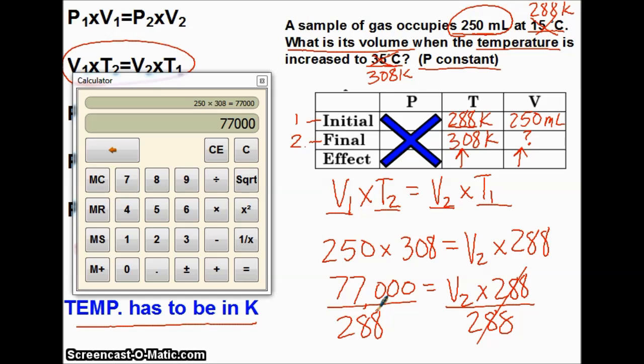So in our calculator, we already have the 77,000 divided by 288 equals. So our new volume here is going to be 267.4. And that's milliliters. We keep the same unit, and it went up, so it matched what our effect should be.